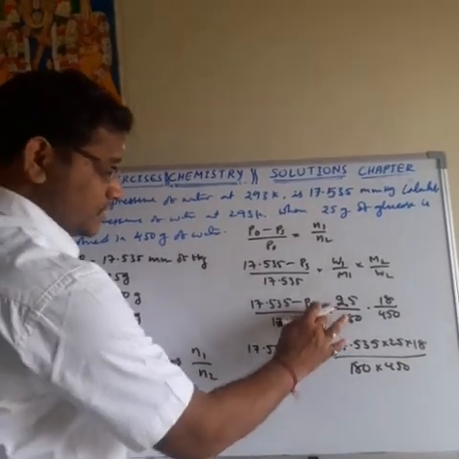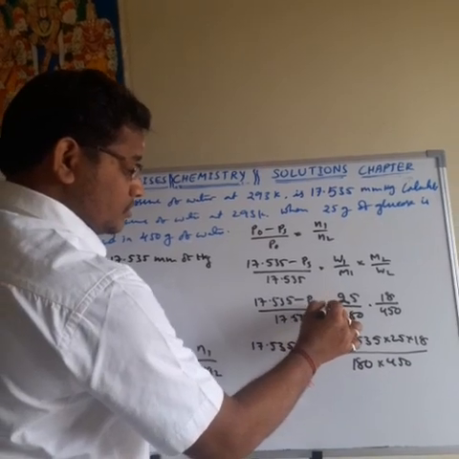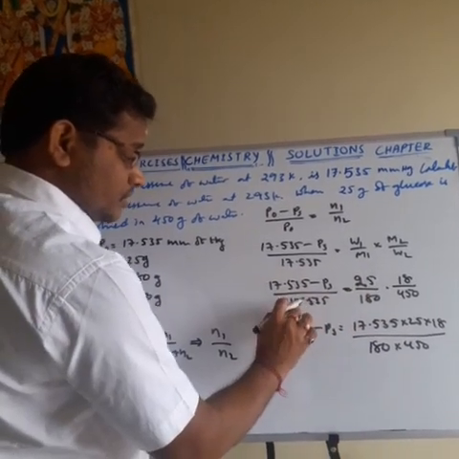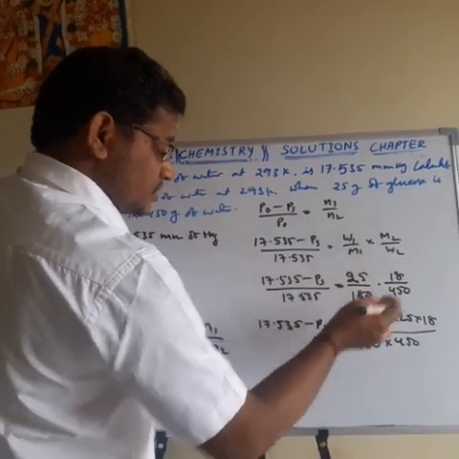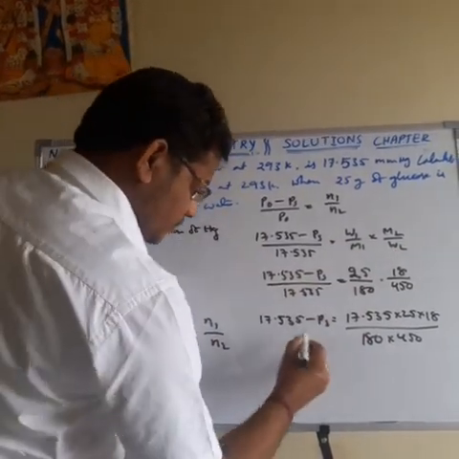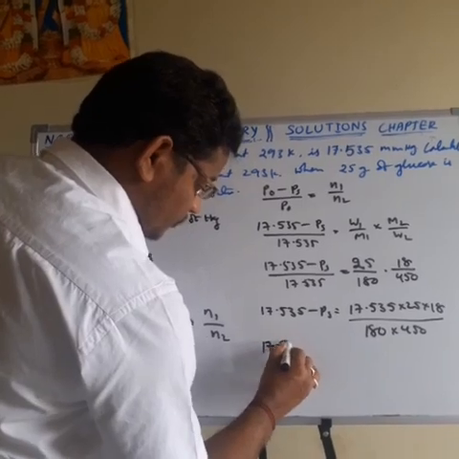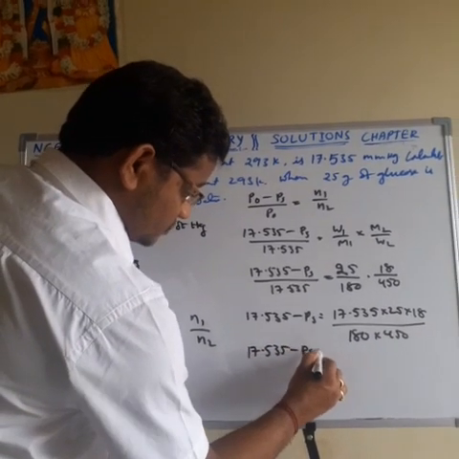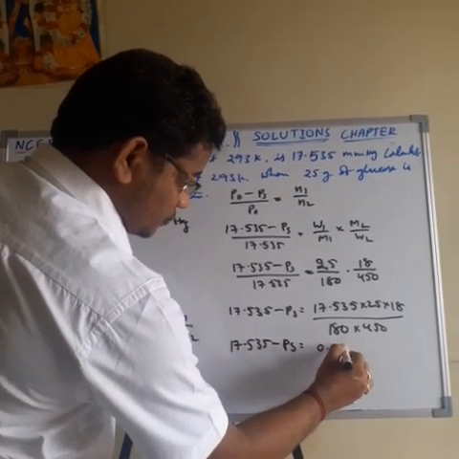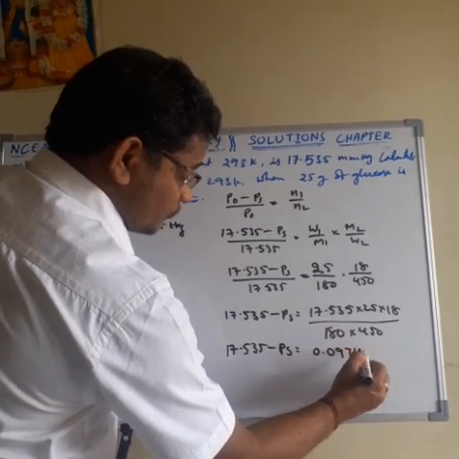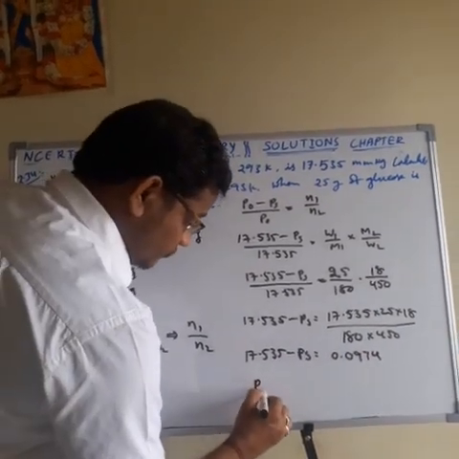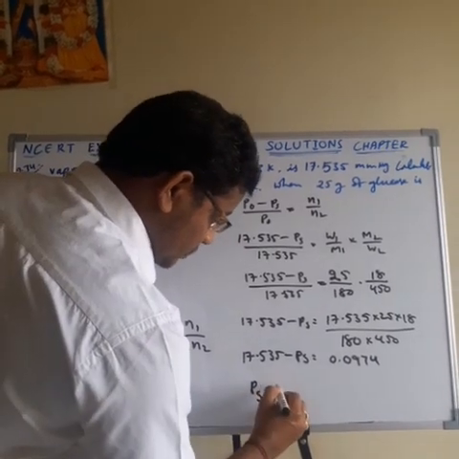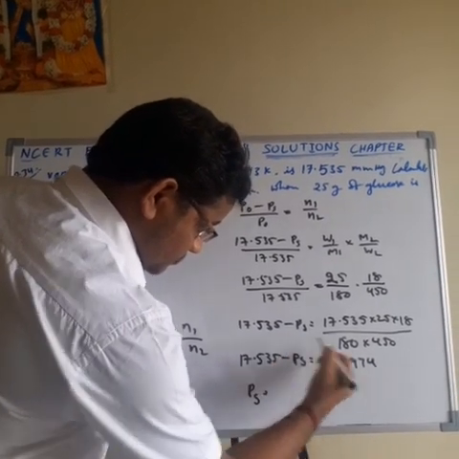Take this one value separately over here. 17.535 multiplied on this side. Then 17.535 minus PS is equal to 0.0974. Then the vapor pressure of the solution: minus PS becomes plus PS.